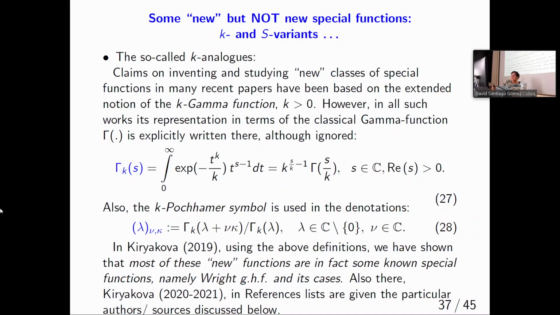And just a few words I told you maybe already on Monday, to be careful with so-called new special functions that are based on gamma k, which is a variation of the classical gamma function. So all the objects they define by means of this gamma k function are easily reducible by this relation to the classical cases of fractional calculus operators, of special functions that are defined by means of this, and so on.